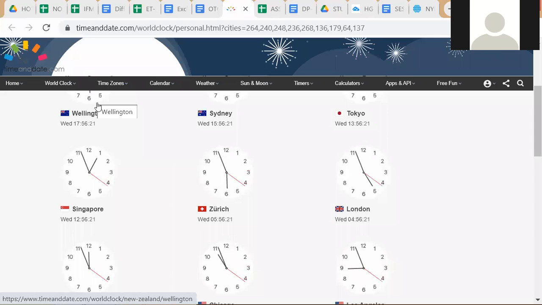Suppose they are not able to pay. They were selling dollars, and they were supposed to send dollars. But if they go bankrupt, let's say one early morning in Wellington, they declare bankruptcy.